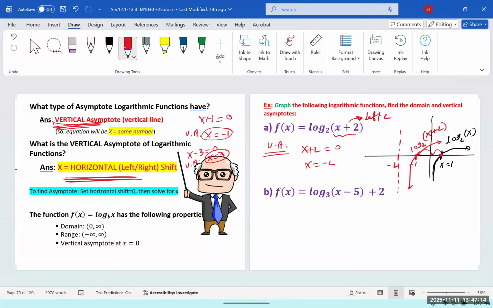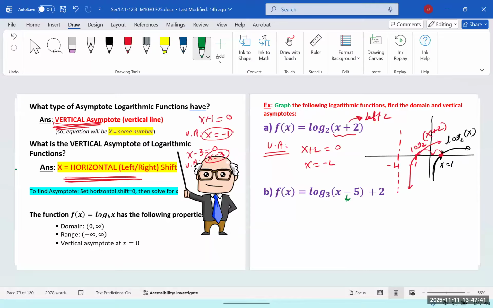How about the next one? We have a -5 inside the log. It means it just got closer to the x-axis. Visibly when you draw, we don't see any change. If you draw using a calculator, then you can see the change. Otherwise, they're all the same. The base doesn't matter.